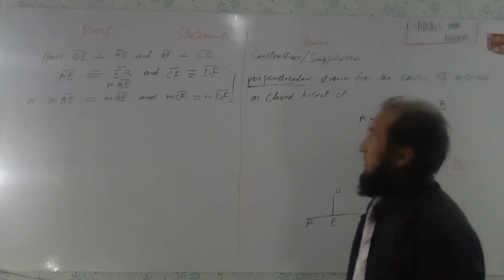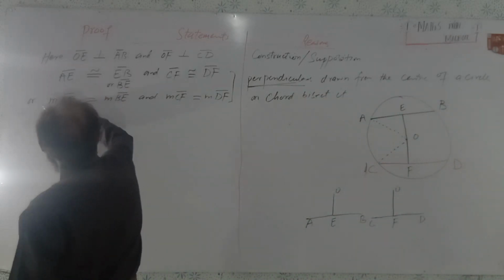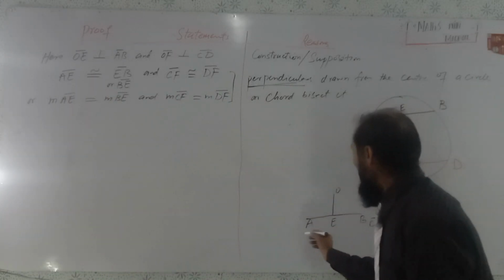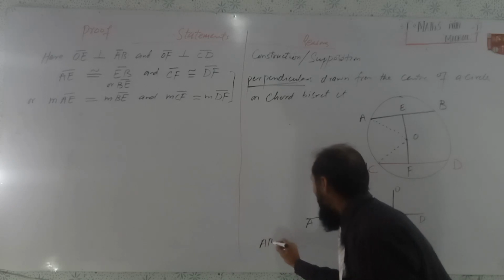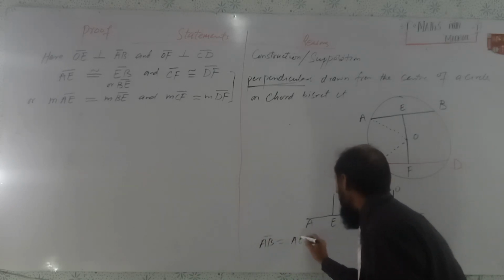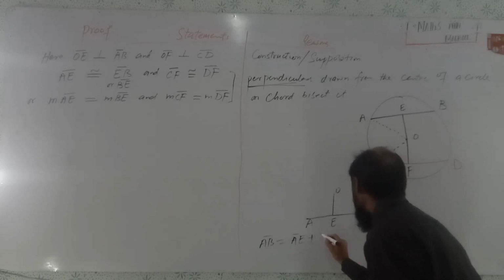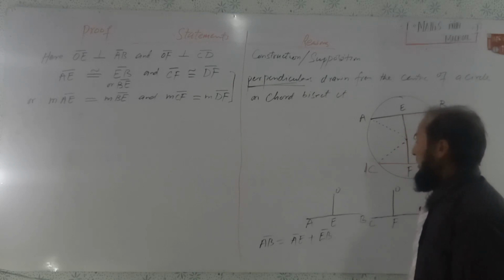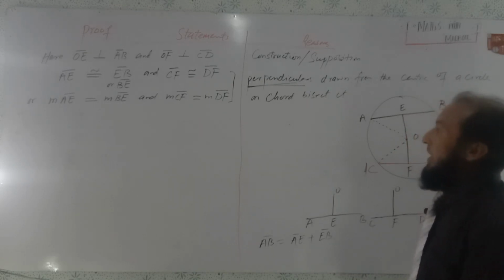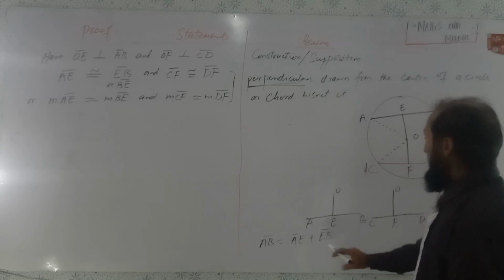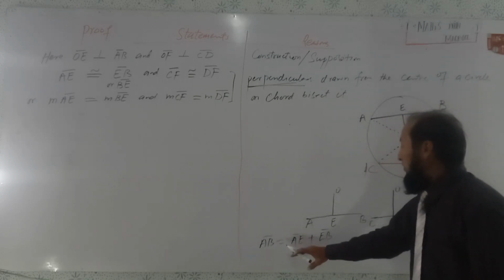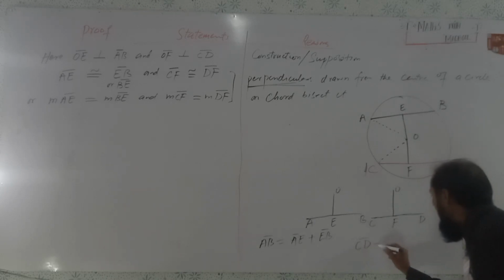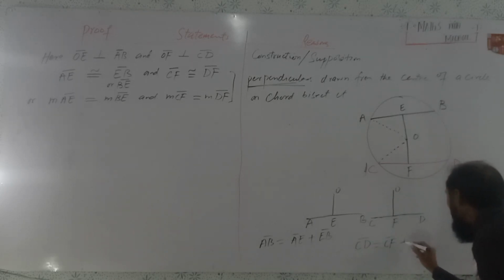So if we look at this line AB, we can write AE plus EB. This is the postulate of addition. We can write AB is equal to AE plus EB. Similarly, for line CD we can write CF plus FD.